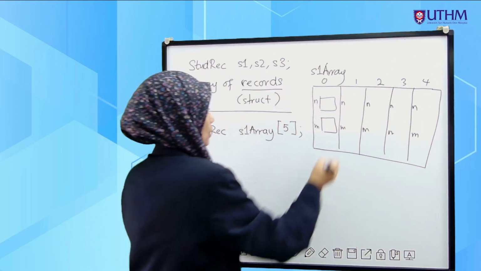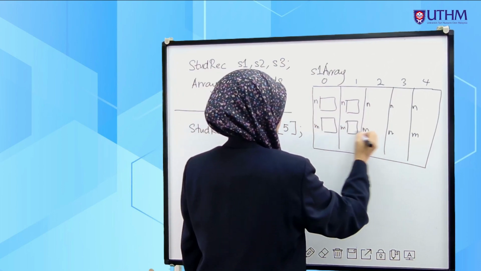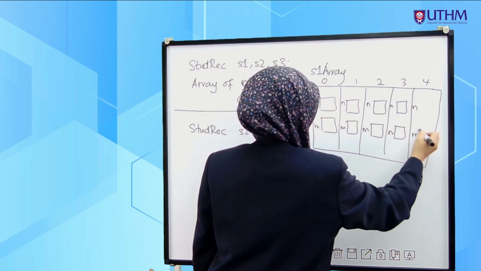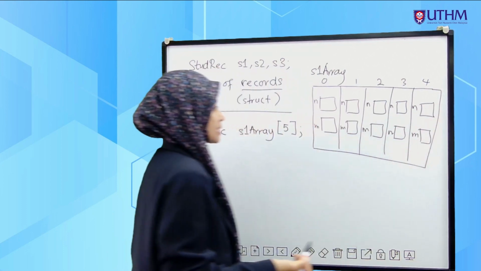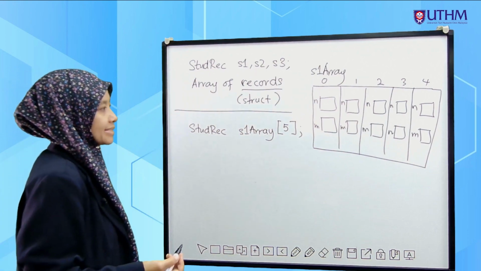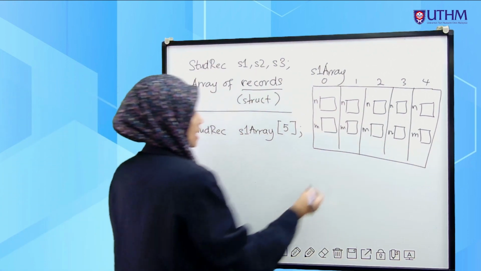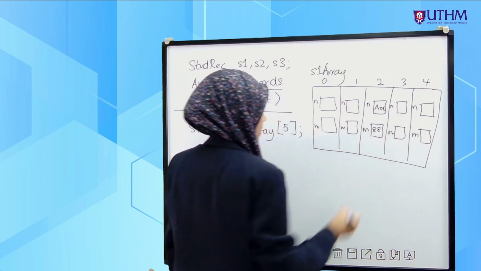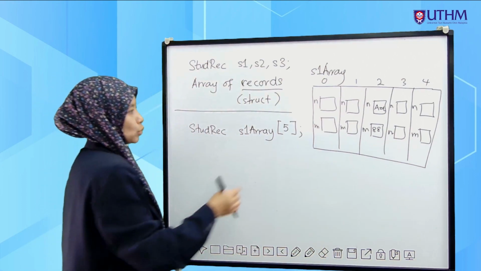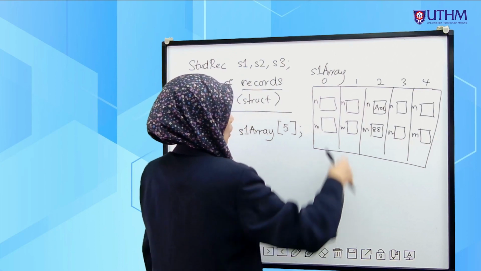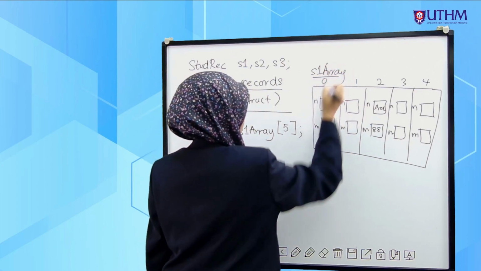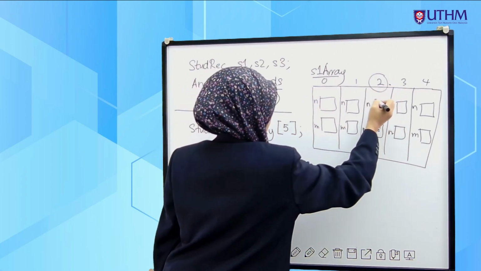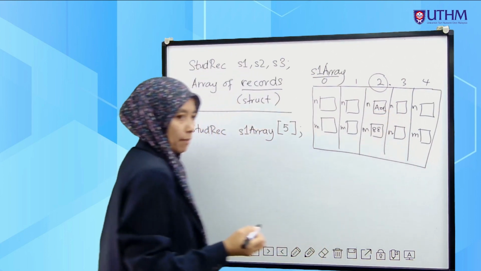Now the next thing I'm going to demonstrate is how to assign a value to a specific destination inside the array. Let's say I want to assign Azah here and the value of 88 here. To access the destination, we need the array name followed by the index, the dot operator, then the field member.